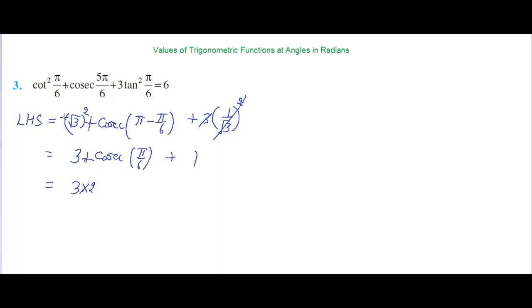So here it is 3 plus 2, and plus 1, which is equal to 6, which is right hand side. Is it clear? Yes, sir.